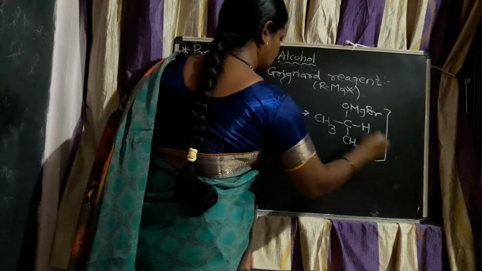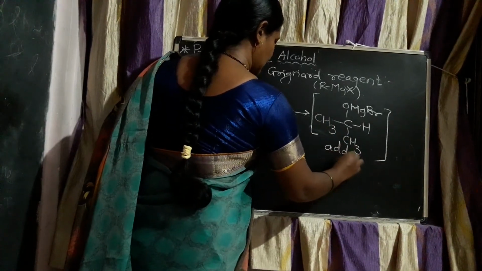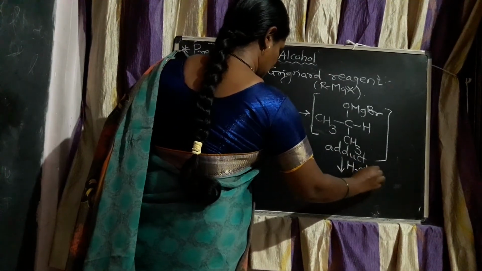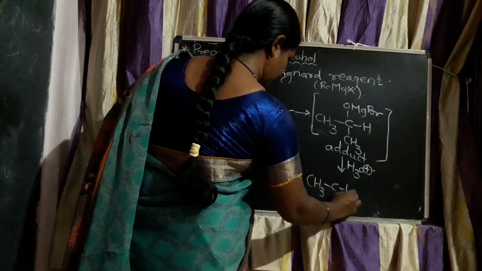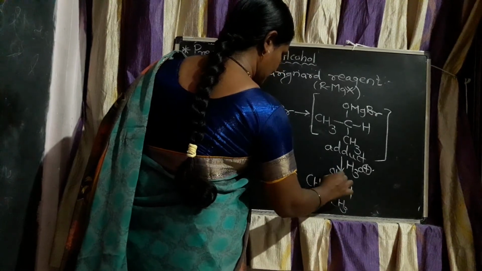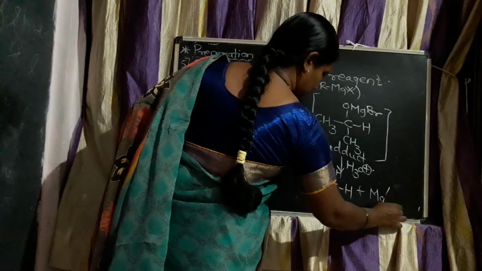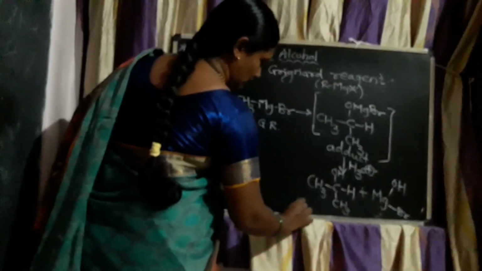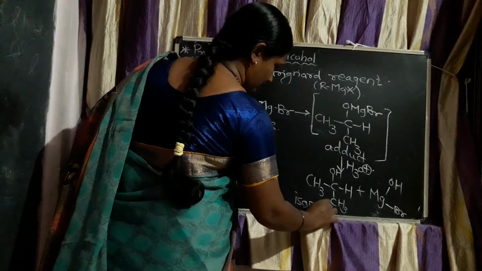This is the addition product, known as adduct. Now this on acid hydrolysis forms the alcohol. Now this is isopropyl alcohol.